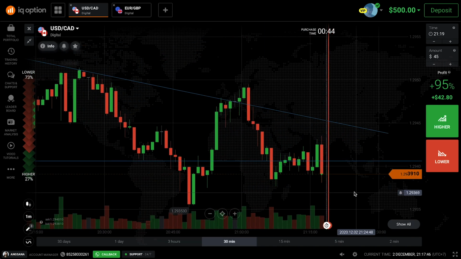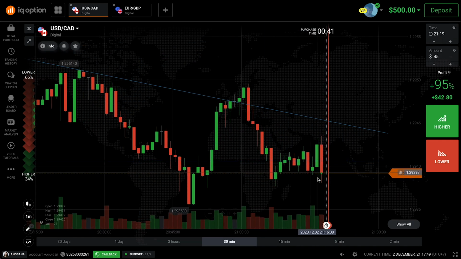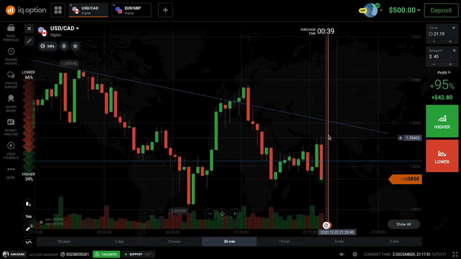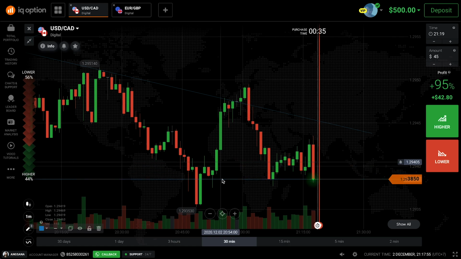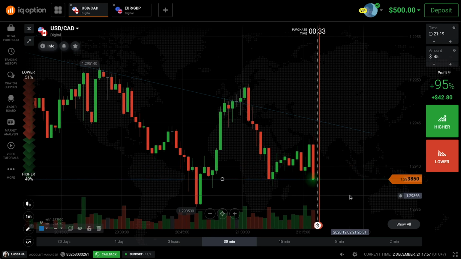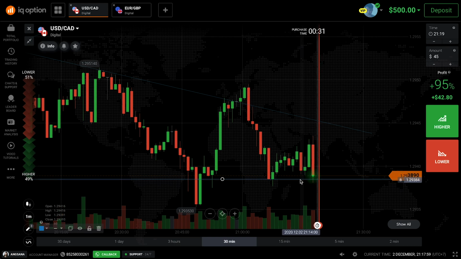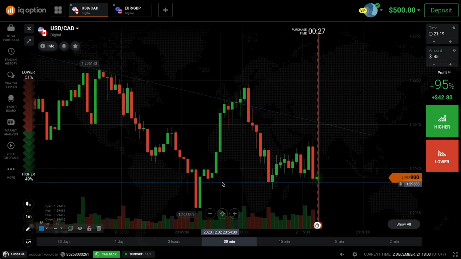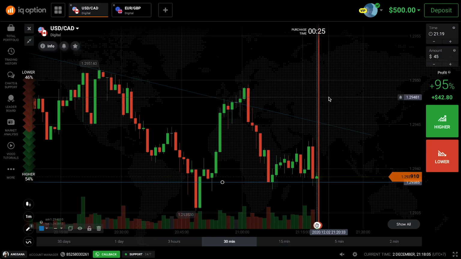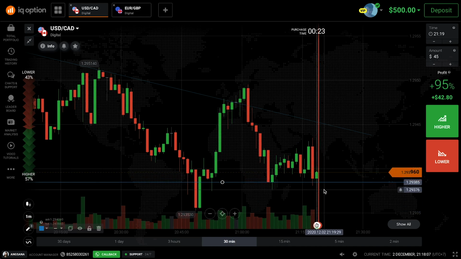When we look at the long sides of the candles, look at the support base area here. This side can come to touch this support area and then pull back. That is a possible one.